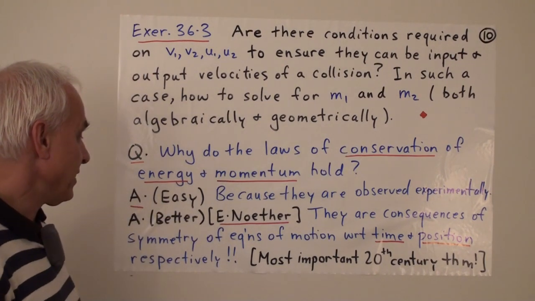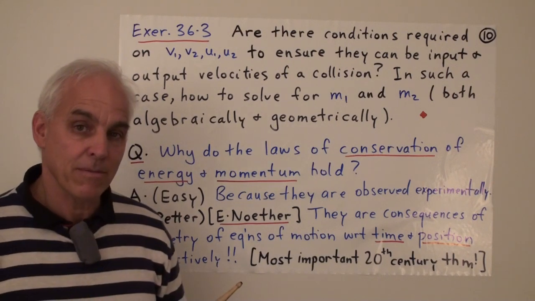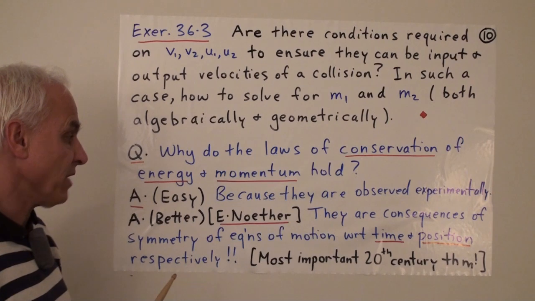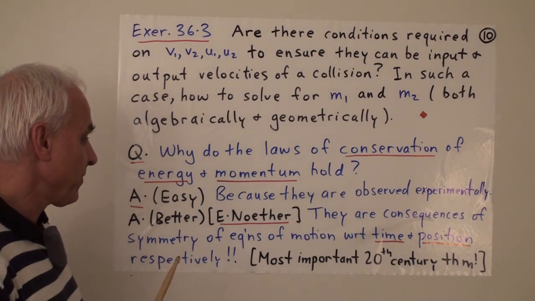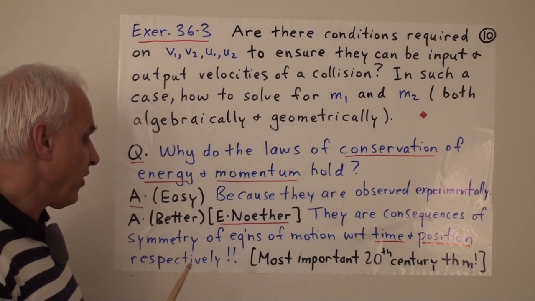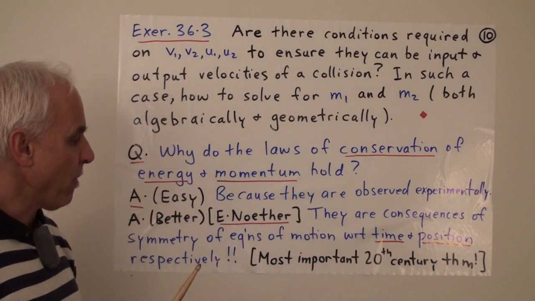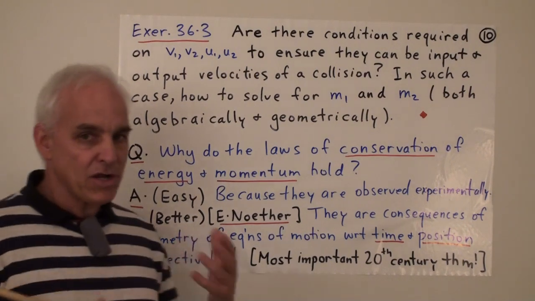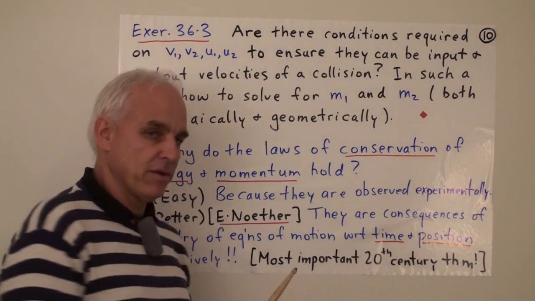It's a remarkable theorem of the great German mathematician Emmy Noether, who was the greatest female mathematician of all time. She discovered that these conservation laws are consequences of the symmetry of the equations of motion when you frame them in a Lagrangian setting, in particular with respect to time and position.